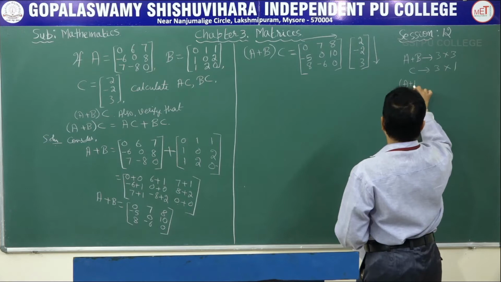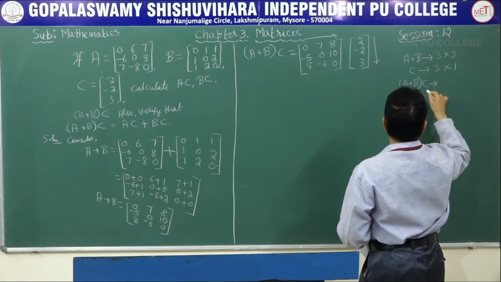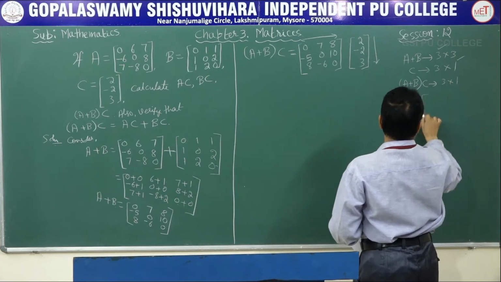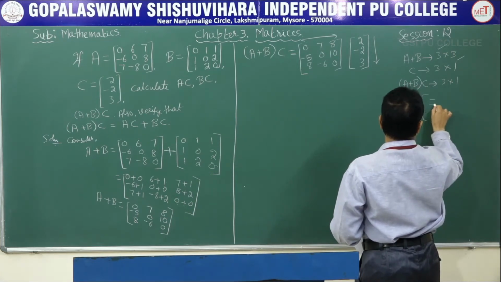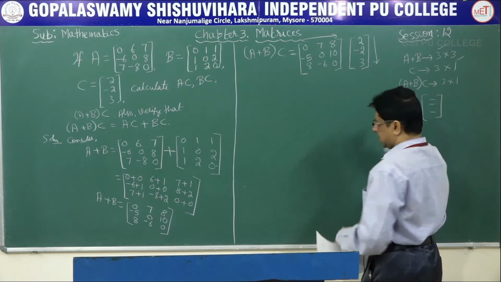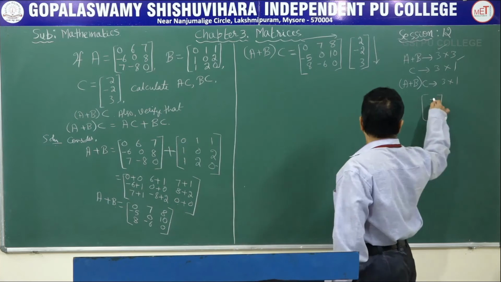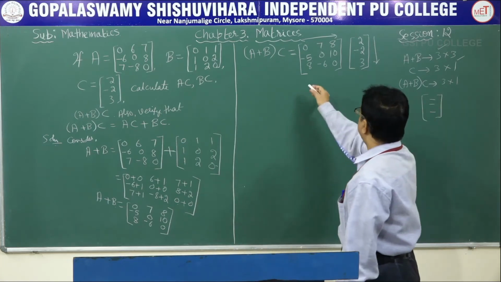So the product matrix (A plus B) into C will be of the order 3 into 1. That means it has 3 rows and 1 column.